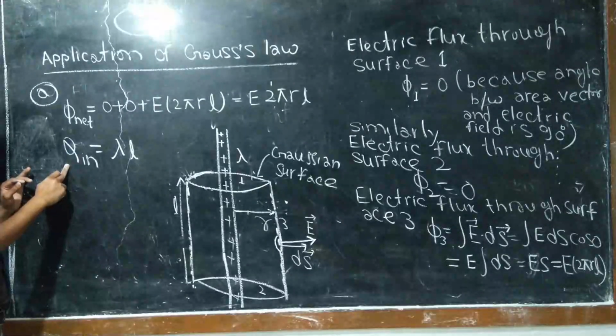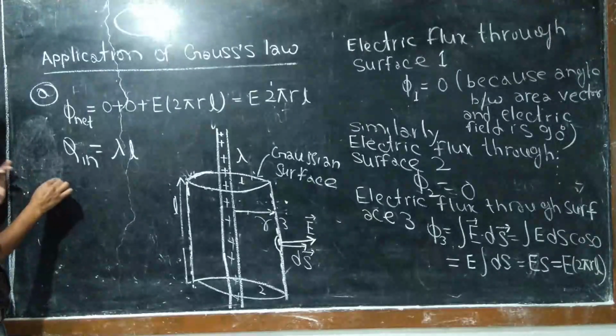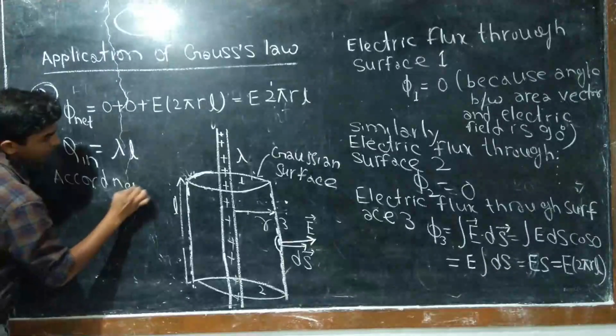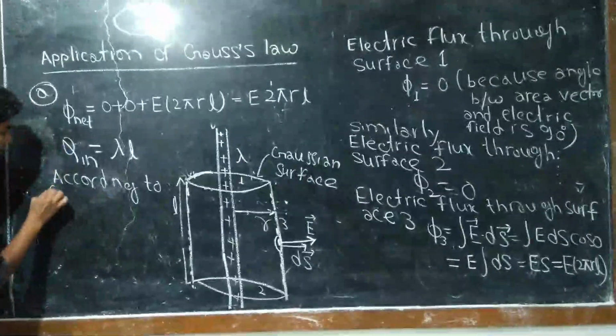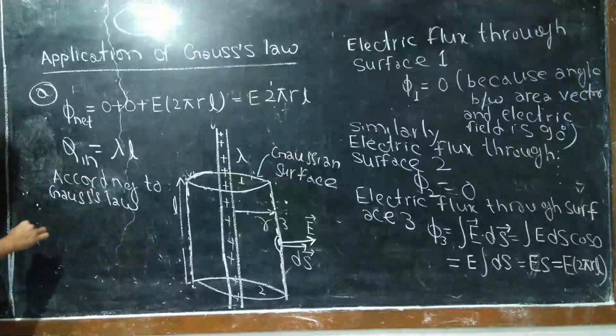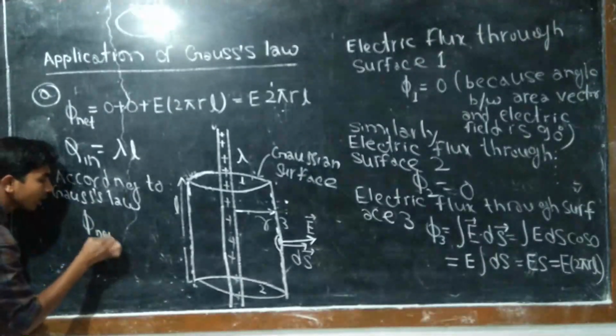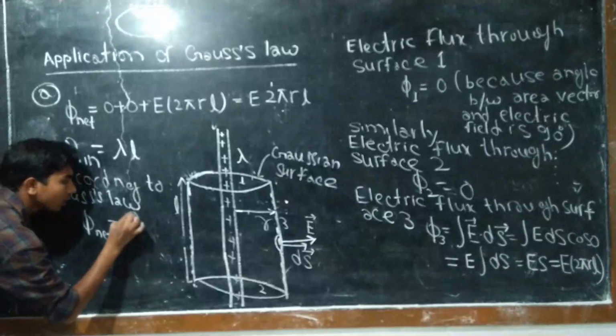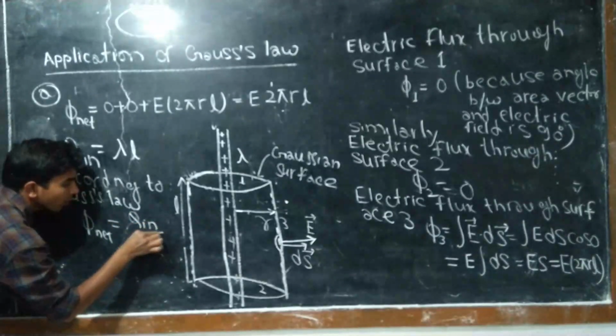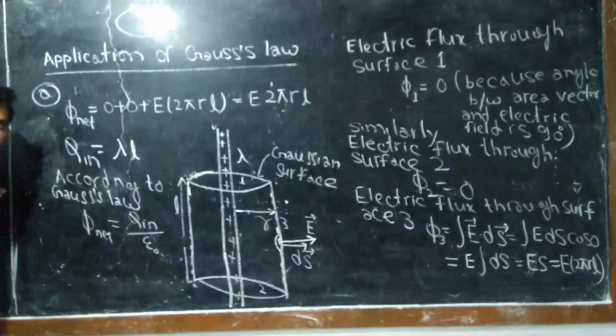And now you are able to apply Gauss law. According to Gauss law, phi net is equal to Q in by epsilon 0.